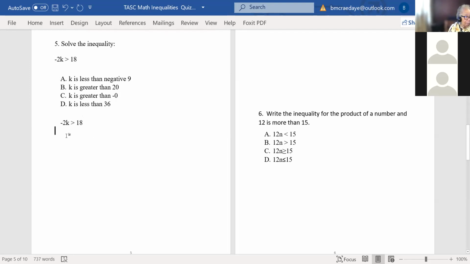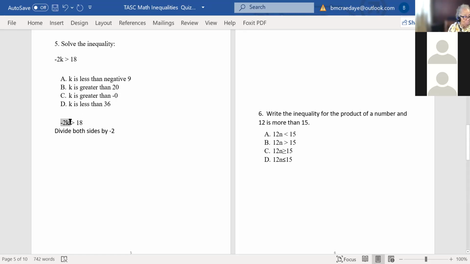First step is division. You have to divide both sides by minus 2.